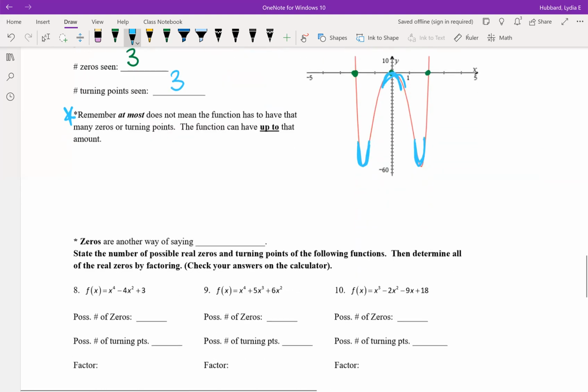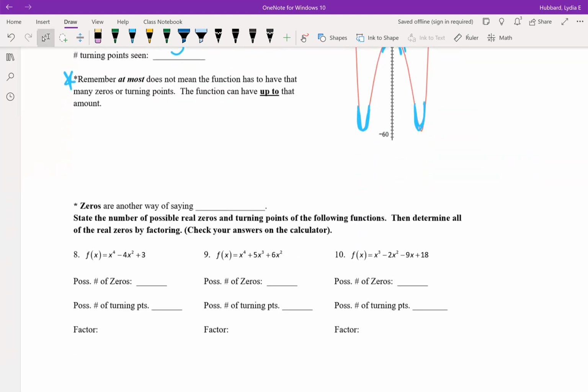So just be careful with that. Remember that zeros are another way of saying solution or roots or x-intercepts. All of those are another way to say zeros.